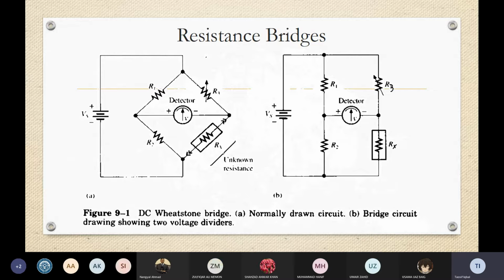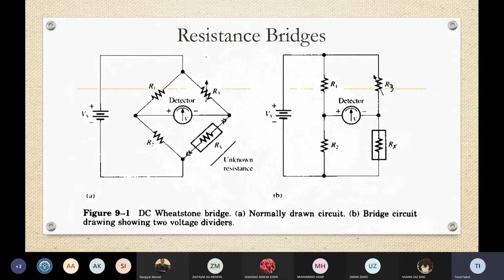So basically, what is the purpose of these bridges? That is when we have a balanced bridge, and by balance is meant that the ratio between the left side resistances, that is R1, R2, is equal to the ratio of R3 and Rx, which is basically the unknown resistance.